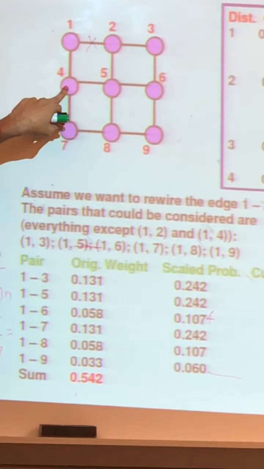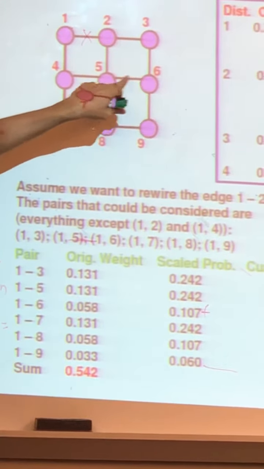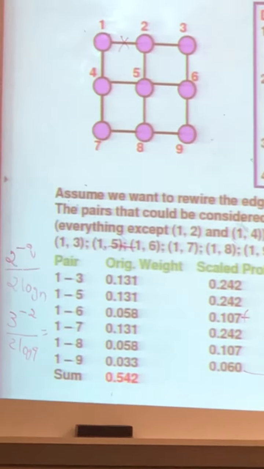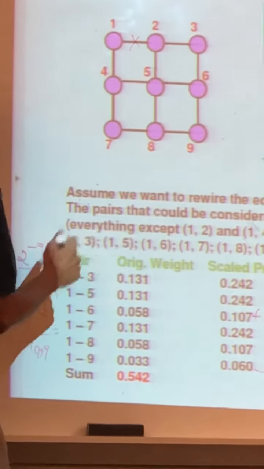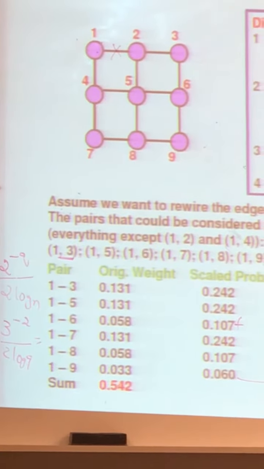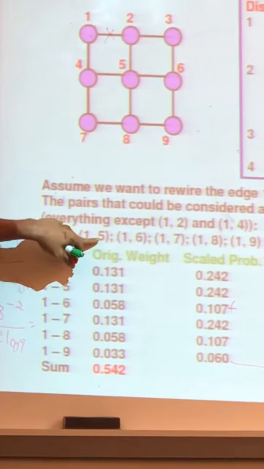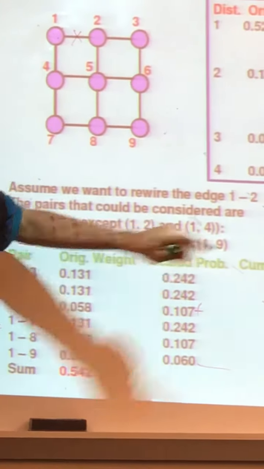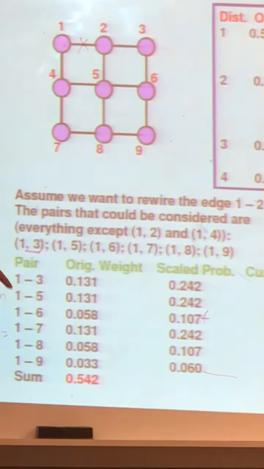So it has to be 3, 5, 6, 7, 8, 9. So one among the 6 vertices. Which means you can have an edge between 1 and 3, or 1 and 5, 1 and 6, 1 and 7, 1 and 8, 1 and 9.